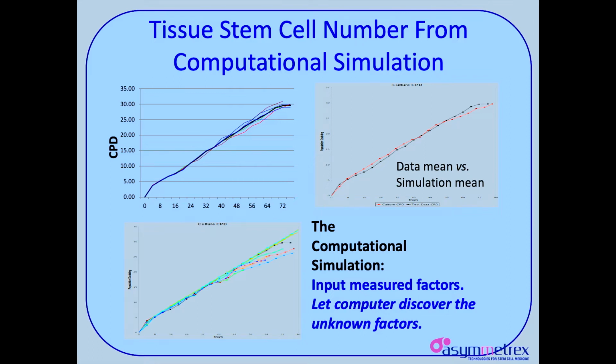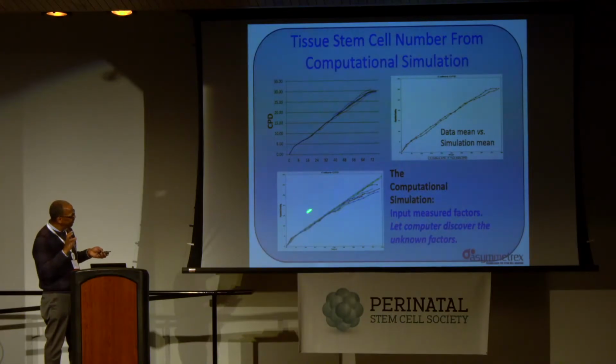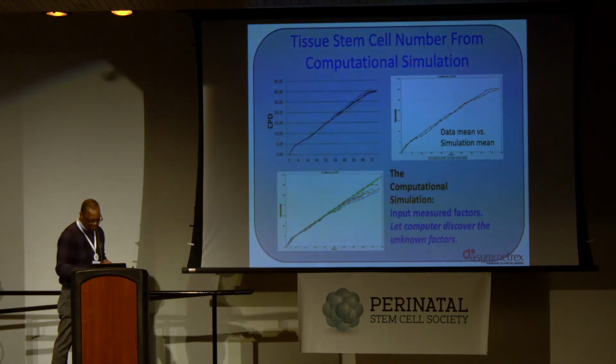So again, to summarize, we take data, we do a computer simulation to find things that can define it. This is an example of that best fit set of factors simulating this data. It's a pretty good simulation. And if you take the mean of these simulated data and the mean of the real data, they compare very well. So we input measured factors, we let the computer find the unknowns that we want.